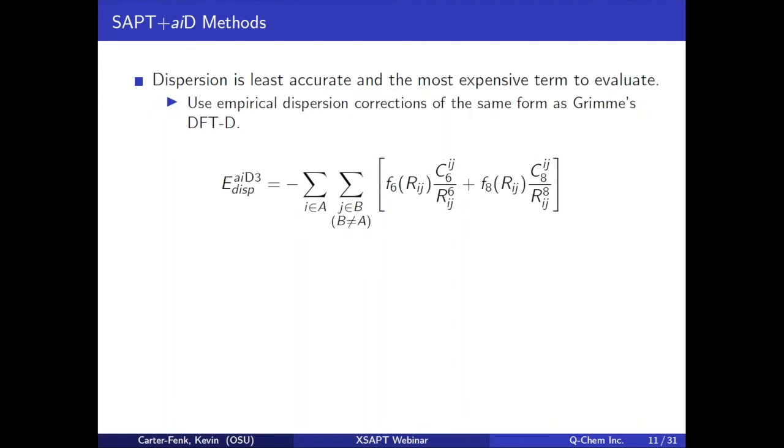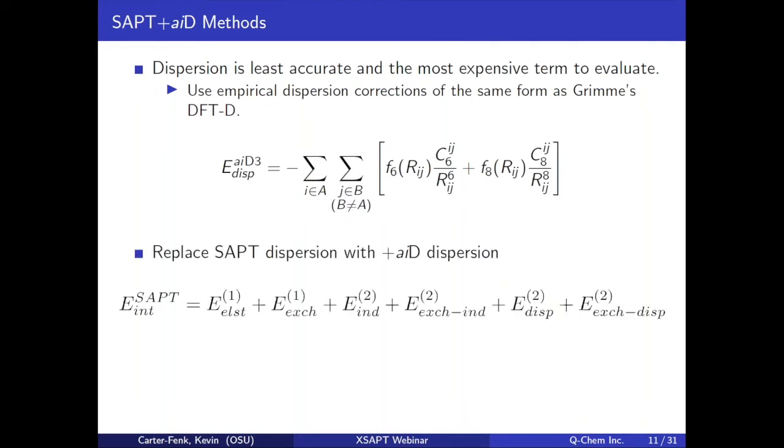So let me briefly say here that these are summations over atoms in fragments A and B. So the I and J indices are nuclei in fragments A and B respectively. So what we do is we replace the SAPT dispersion with the plus AID empirical dispersion potential.